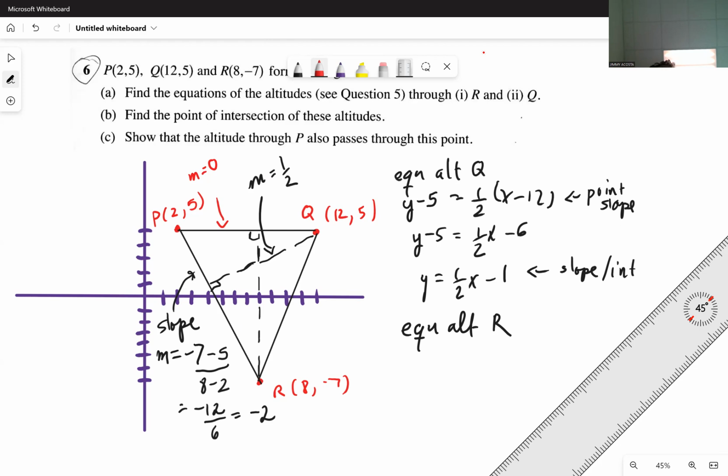A vertical line, which is perpendicular to a horizontal line, is undefined. So the equation to that must be x equals something. The formula for a vertical line is always x equals some number. In this case, it's just x equals 8.